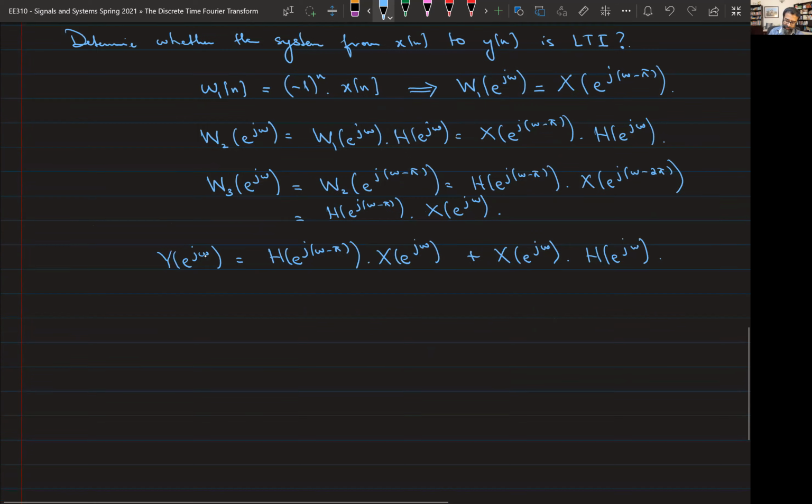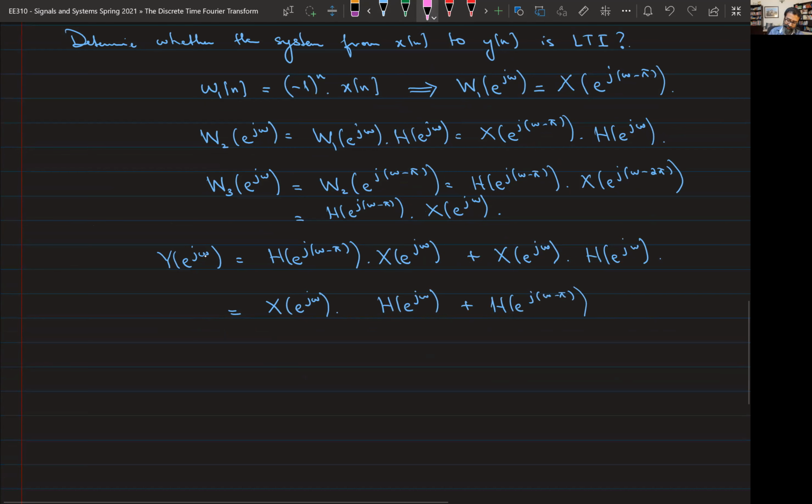And I can simplify this even further. This is equal to X of e raised to j omega times [H of e raised to j omega plus H of e raised to j (omega minus pi)].